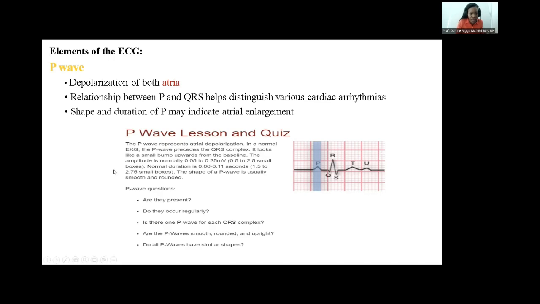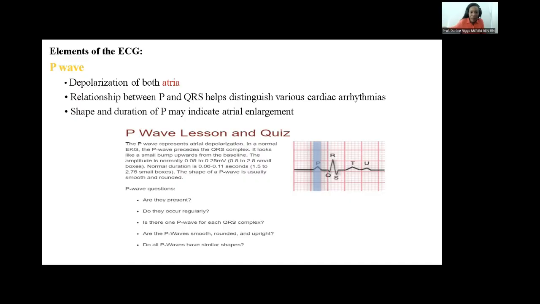When you look at an EKG strip, one of the first questions you need to ask yourself is, are there P waves? If there are no P waves, you know that's an atrial problem. If you see P waves, are they happening regularly? That's normal, that's what we want.